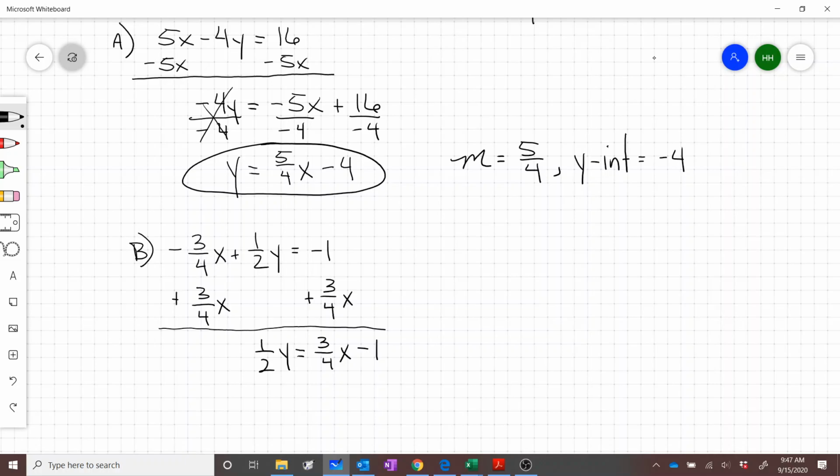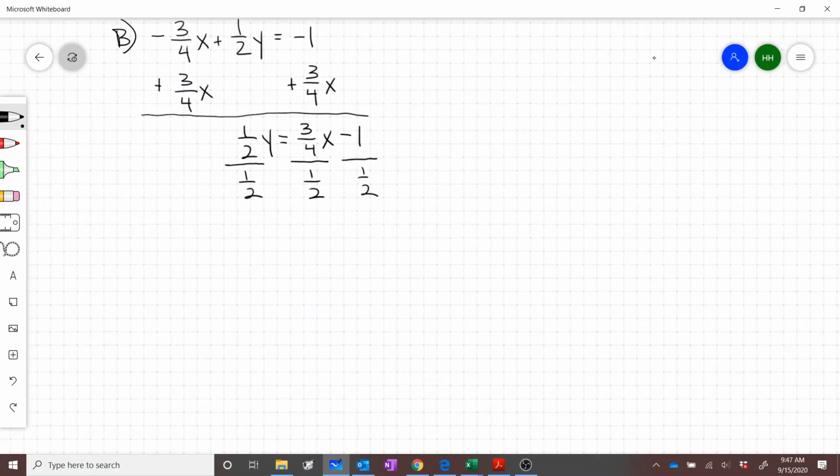Then we're going to divide everything in the equation by 1/2. So on the left-hand side, we get y equals 3/4 divided by 1/2. That's 1 1/2. Let's change that to an improper fraction. 1 1/2, that's 3/2 x.